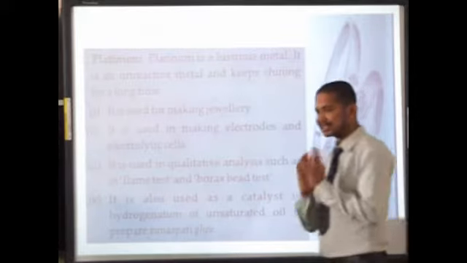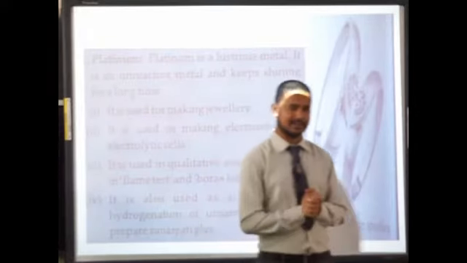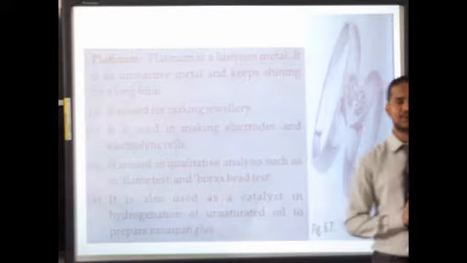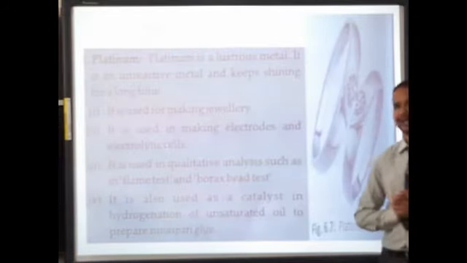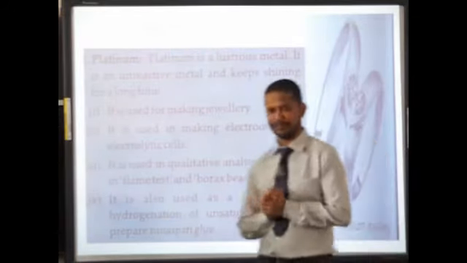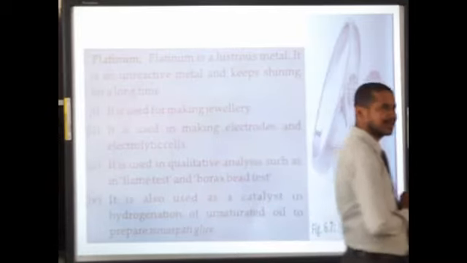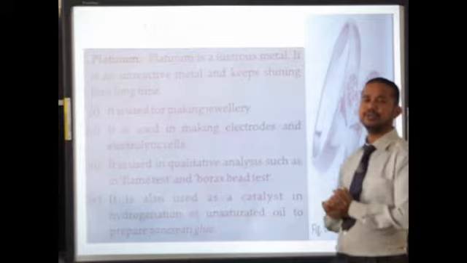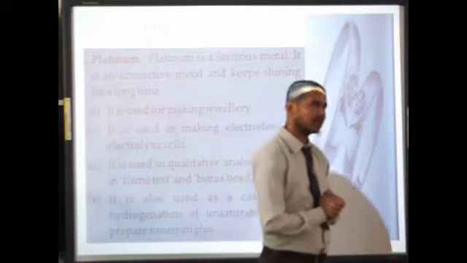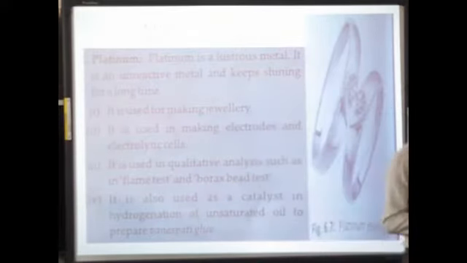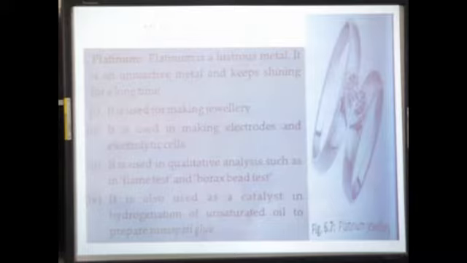So from last class we had started learning about uses of metals that we use in our daily life. Last class we learned about uses of gold, silver, aluminum, iron.